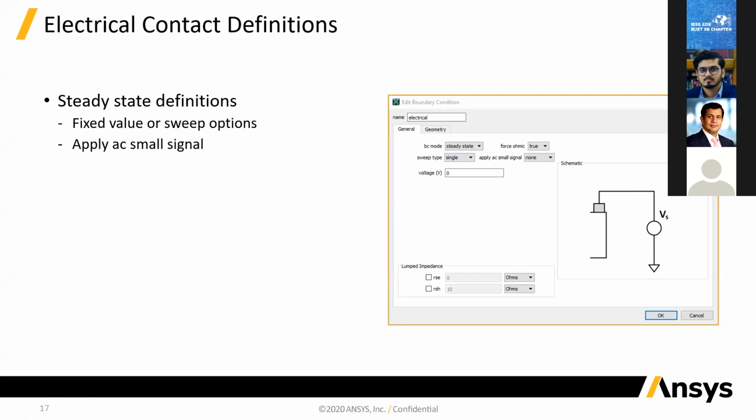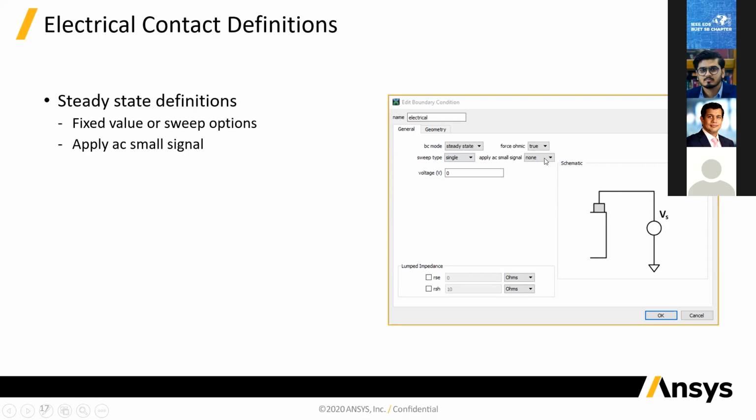When you're doing an AC analysis, you enable the AC analysis in your solver, but then in the contact also, you have to enable this apply AC small signal option. You have to set this to all, which means that if you're doing a bias sweep, then at every bias point it'll perform an AC analysis at this contact. It'll apply the small perturbation on this contact and then calculate all the small signal AC properties.